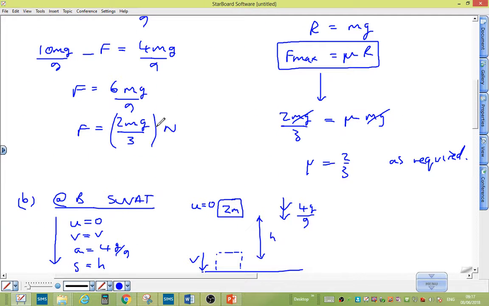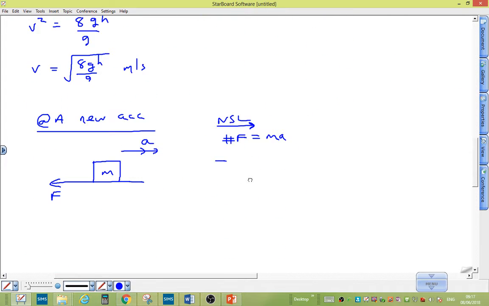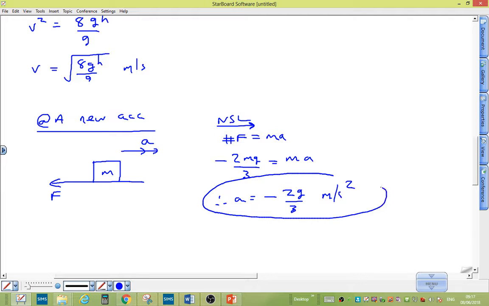Now F max was worked out to be 2mg over 3. So it is minus 2mg over 3 is equal to mass times acceleration. So clearly the acceleration in that direction is a negative 2g over 3 meters per second squared. Okay, so that is the new acceleration.